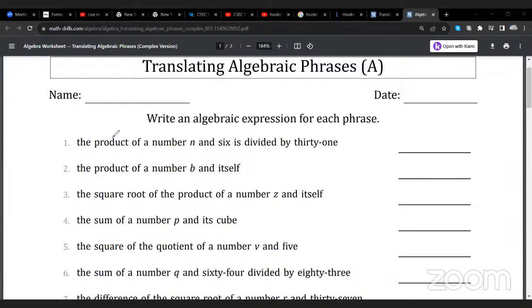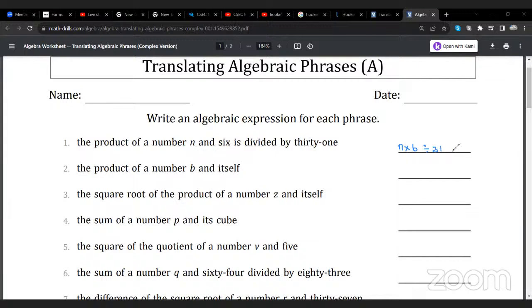All right, so Yanni says n multiplication 6, and in some countries they use the dot instead of the x, and it's a division sign 31. So you are basically translating it as is.